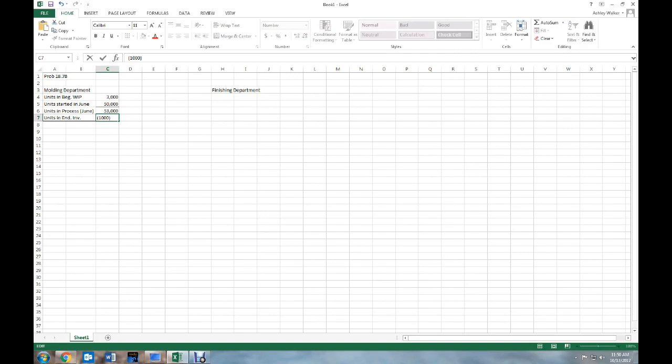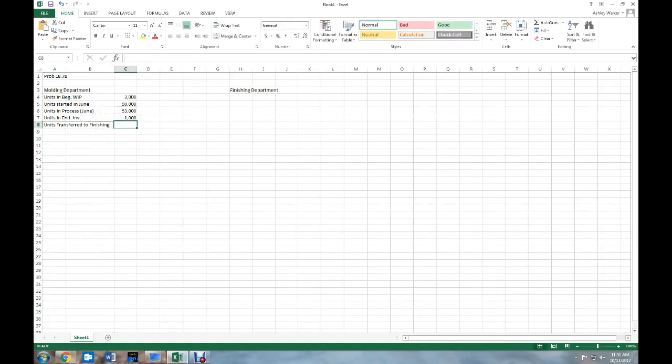If we subtract 1,000 units that's left over in our ending inventory, that has to be what we transferred out. So units transferred to finishing has to be 52,000.